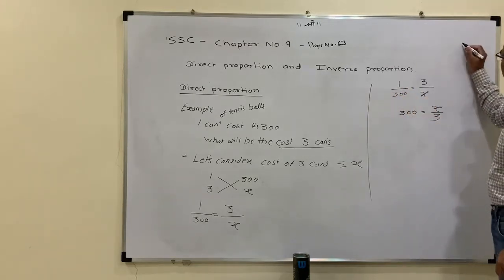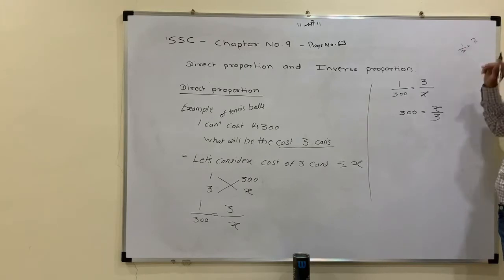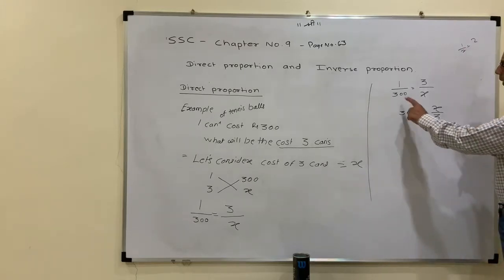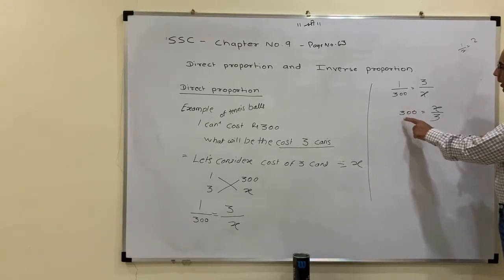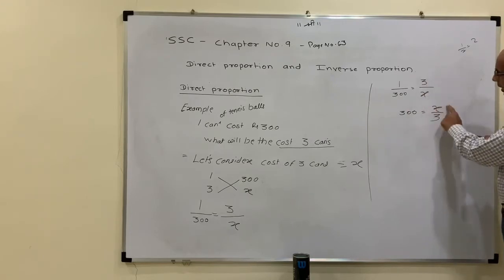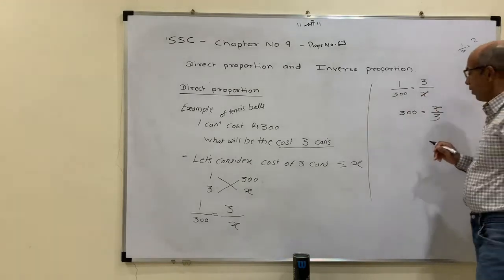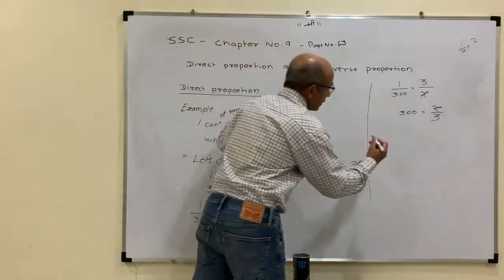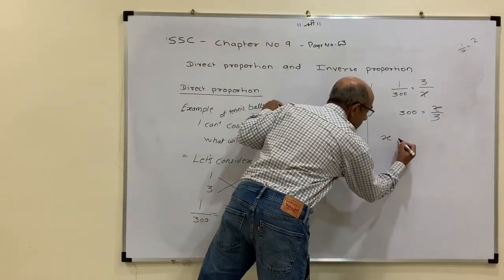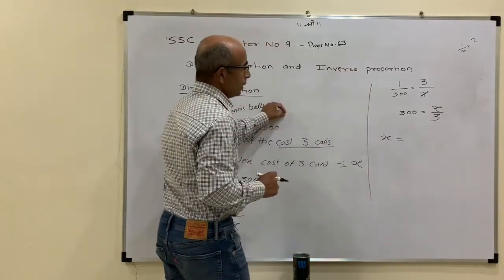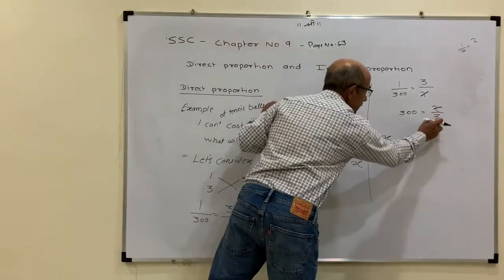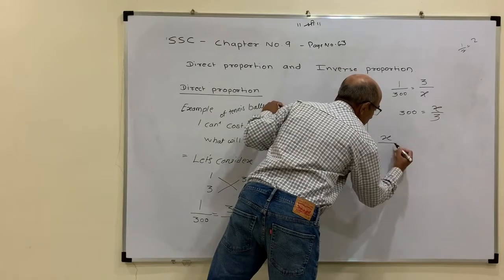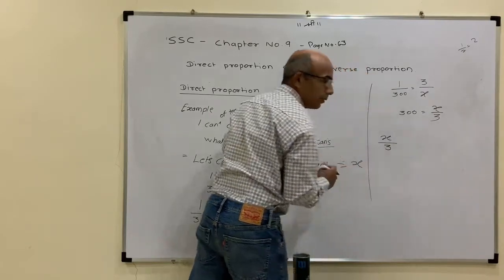The reciprocal of half is 2, multiplicative reciprocal. So here I am doing 1 upon 300 equals X upon 3. Now what is to be found out? I need to find the value of X. So X here is divided by 3.